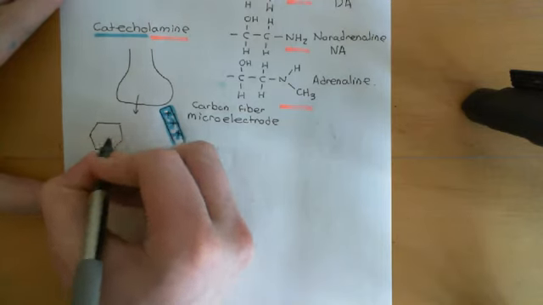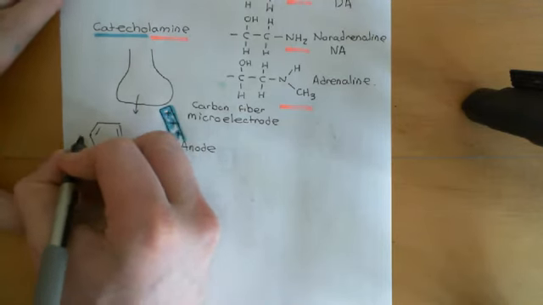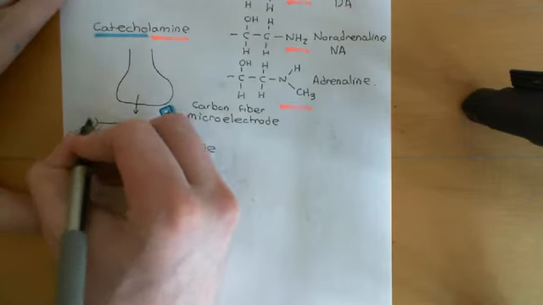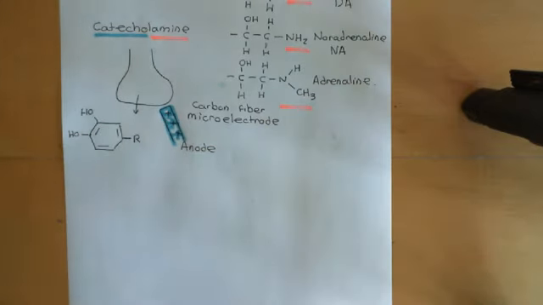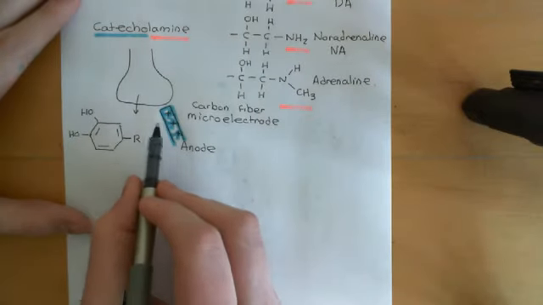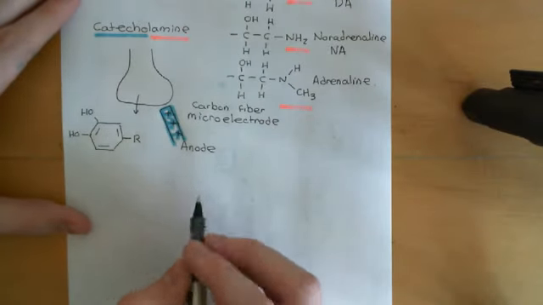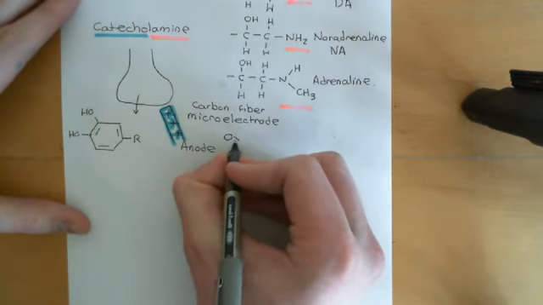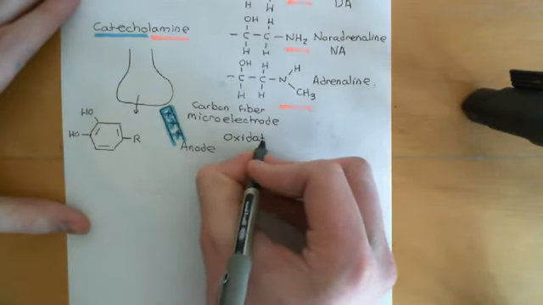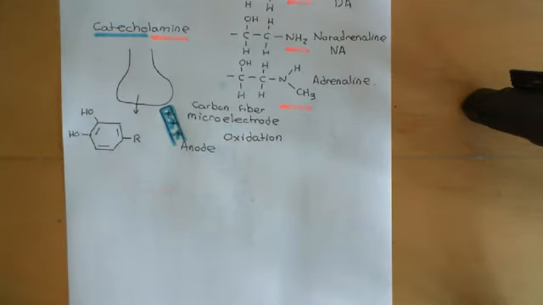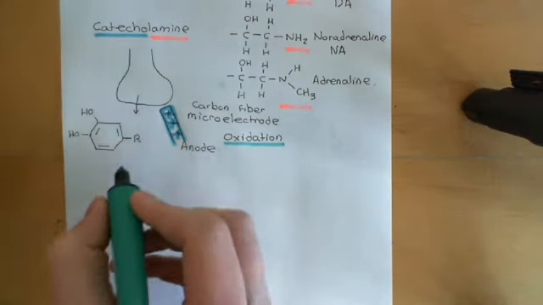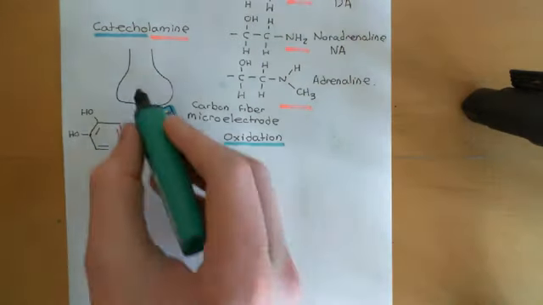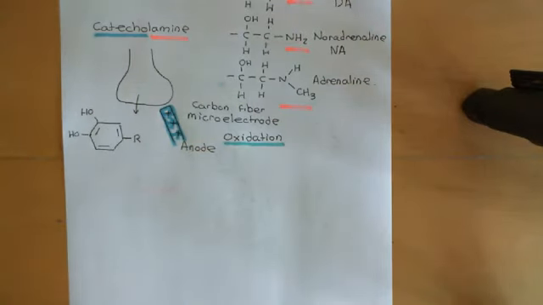Once again, here is the catechol ring, the alternating double and single bonds, the alcohol groups here. This molecule can be forced to undergo a reaction which produces electrons, so that those electrons can be sucked up by this anode. When something undergoes a reaction where it loses electrons, that's known as an oxidation reaction. So the anode can induce oxidation reactions, reactions which give up electrons, so that this anode can whiz off with the electrons.